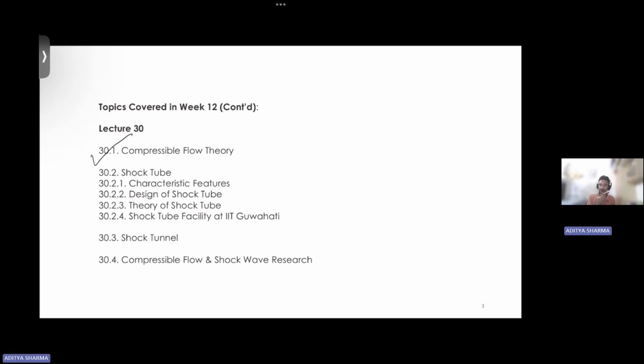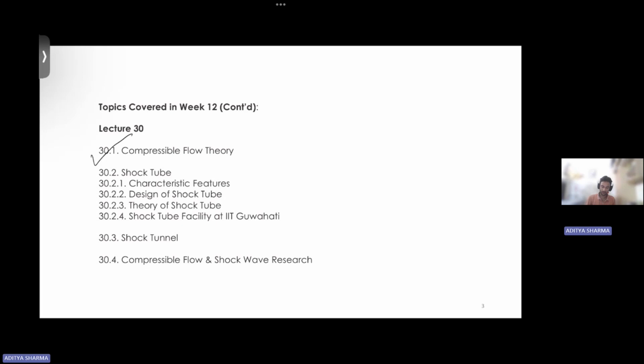And then there is compressible flow when heat transfer is to be considered, or friction is to be considered. So we have revised these things in this compressible flow theory.